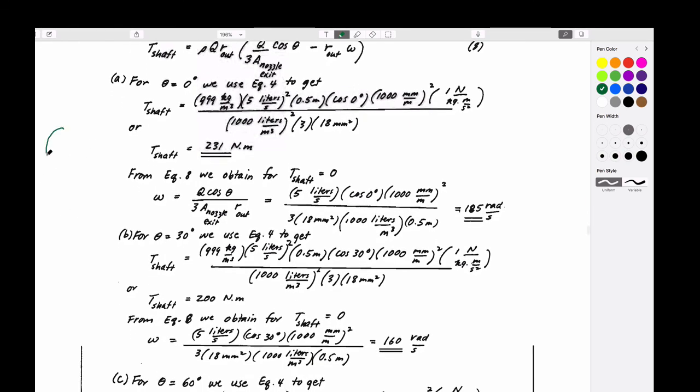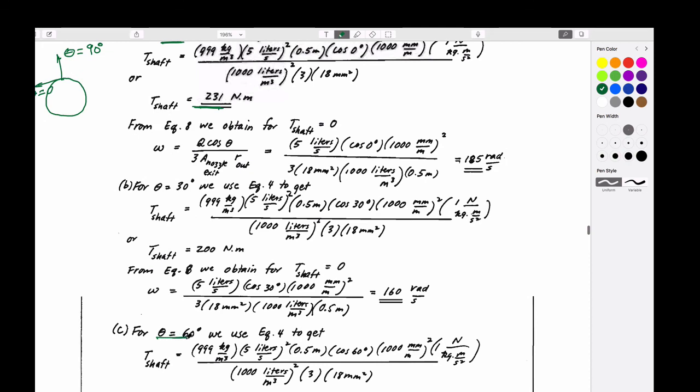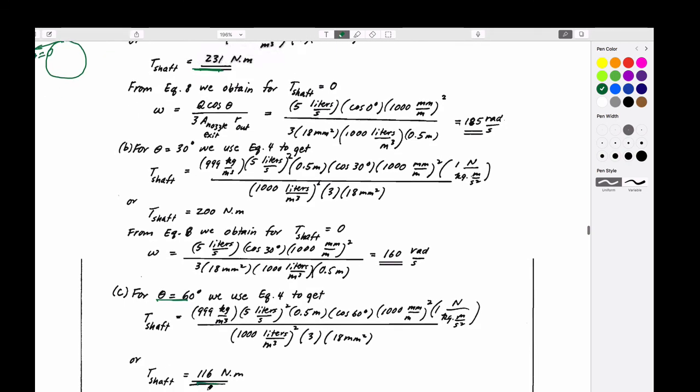So here you have the sprinkler heads. This angle theta, this is theta equals 0. This would be theta equals 90. For 0 degrees, the force on the shaft is this amount, and at 60 degrees, the force on the shaft is this amount.